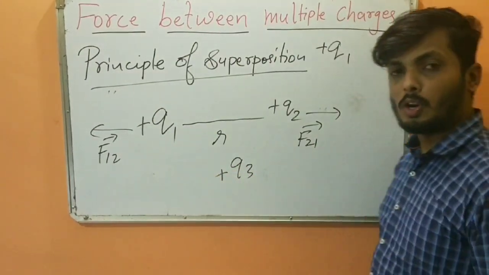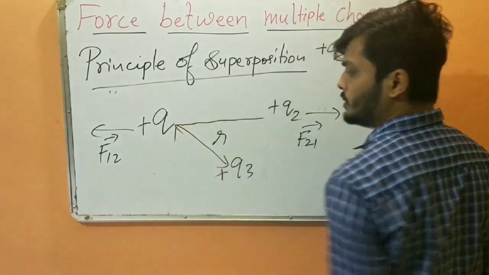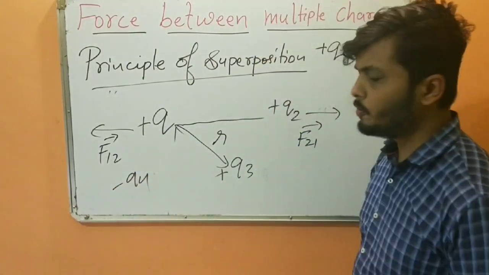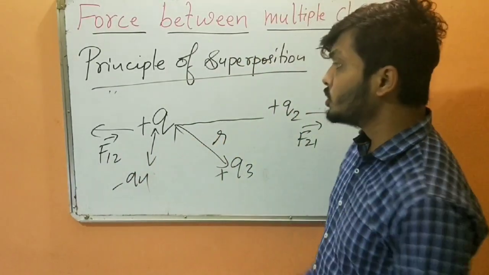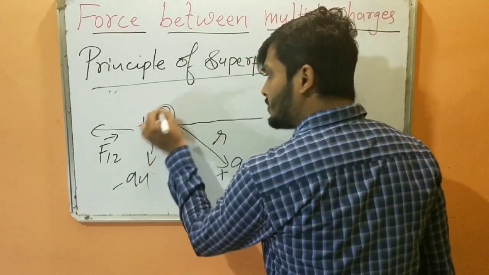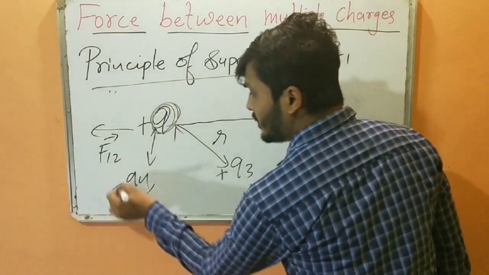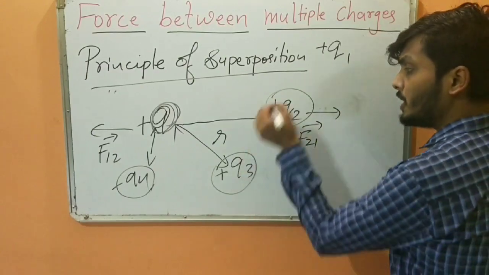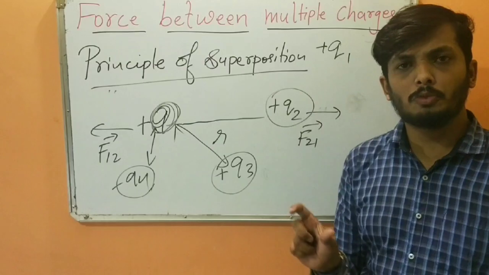As I told you, Coulomb's law is a central force, so there will again be an electrostatic force of repulsion from this. One more charge, minus Q4: here there will be an electrostatic force of attraction. So the force on this single charge will be equal to the vector sum of all the other forces due to these charges. This is the principle of superposition.